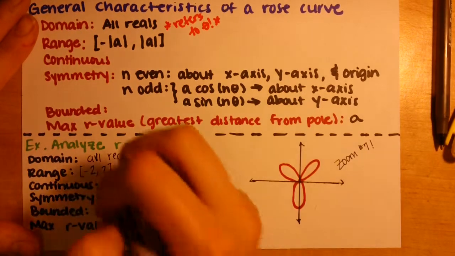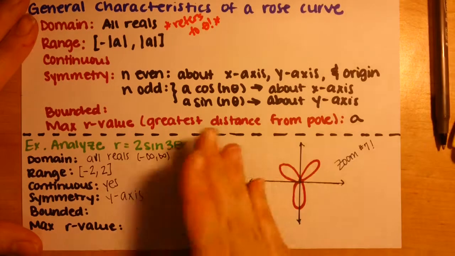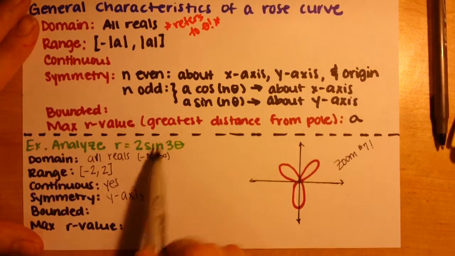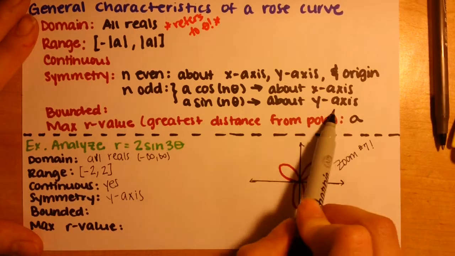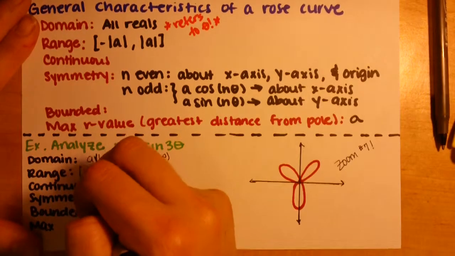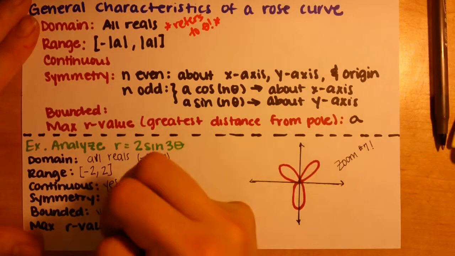Its symmetry is about the y-axis. So you can reflect it over the y-axis and it matches. That's because n is odd and we have sine. So when sine has n odd, we're symmetric about the y-axis. It is bounded. And the maximum R value is A, which is 2.